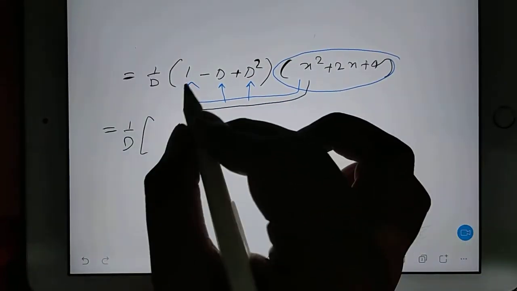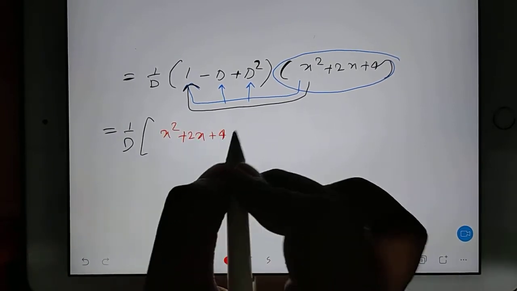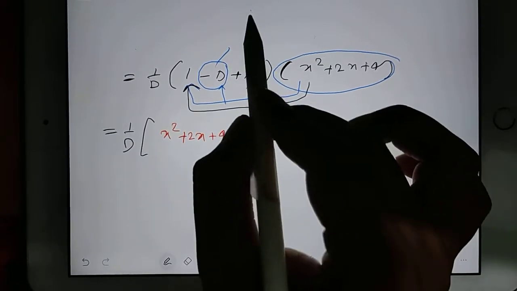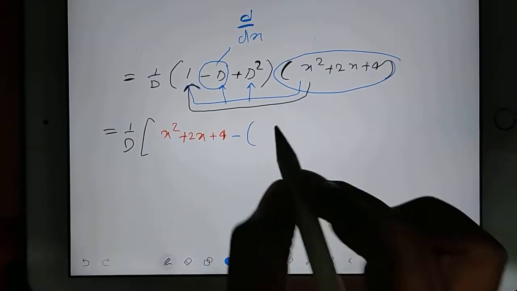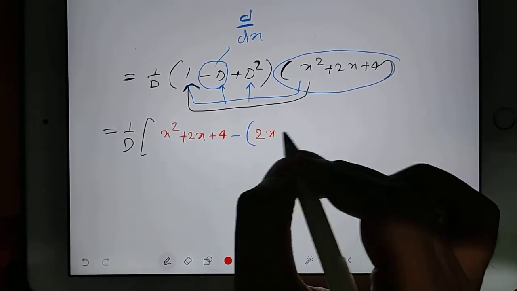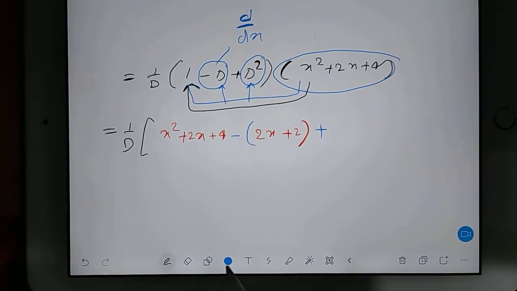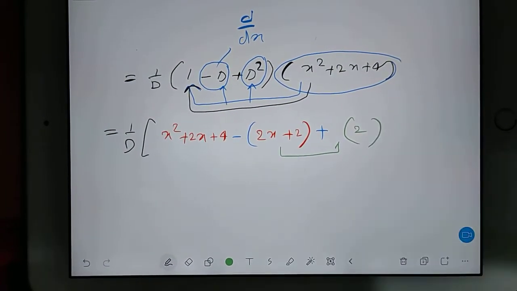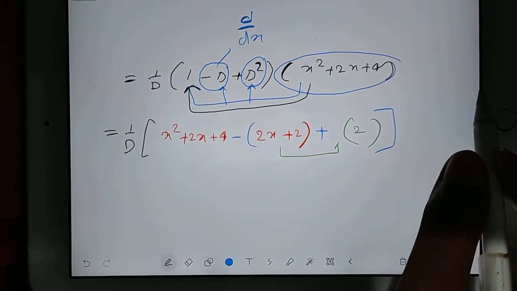When you multiply with 1, it will come as x square plus 2x plus 4. I hope I'm not making a mistake. When you multiply with minus d, always remember d is d by dx, so it will differentiate your answer, meaning minus 2x plus 2 will come. Then plus d square means it will again differentiate your answer, so this answer will also get differentiated as 2. So this total will be your final answer.